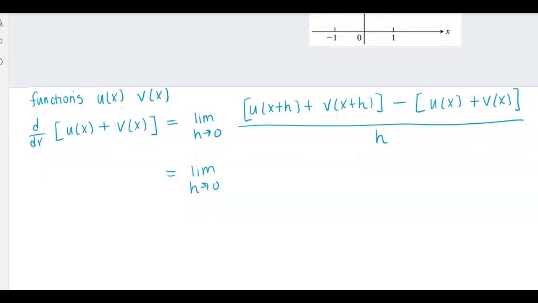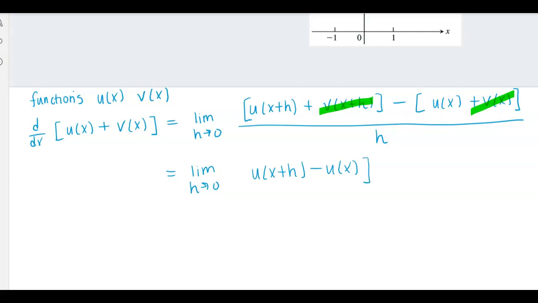So looking at the first, if I rearrange this and take this guy and put this guy together with it, so u of x plus h minus u of x. And then similarly with the other two, put them together.